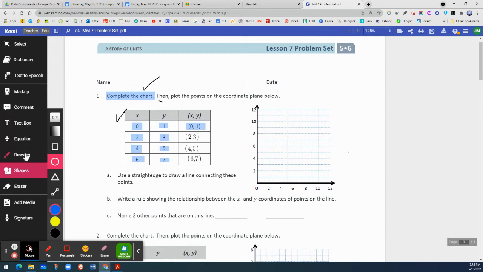Okay, so the first one that I'm going to do is 0 and 1. So I'm going to grab my circle dot. So x is 0, which is right here where I'm pointing, and y is 1. Y is right here. That will be 1 right there. So that's the first point.